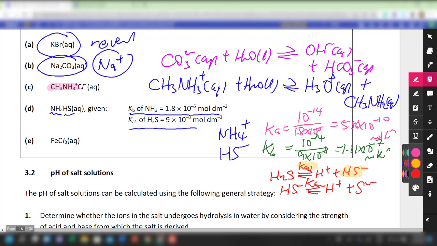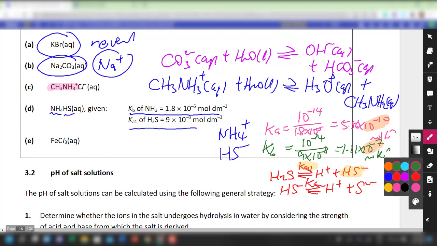But what is most important is please take a look at these magnitudes. The magnitude of the Ka of ammonium is in the region of 10 to the power minus 10, but the Kb of HS minus is in the region of 10 to the power minus 7. So HS minus is a stronger base than ammonium is an acid. Because of that, I expect the hydrolysis of HS minus to be slightly more substantial as compared to the hydrolysis of ammonium.